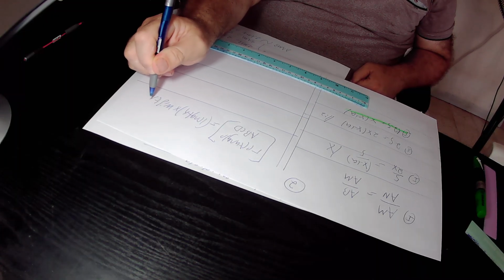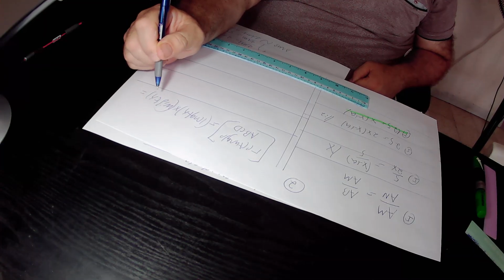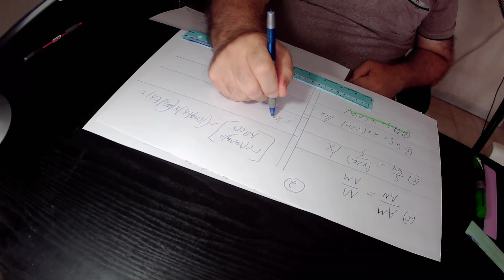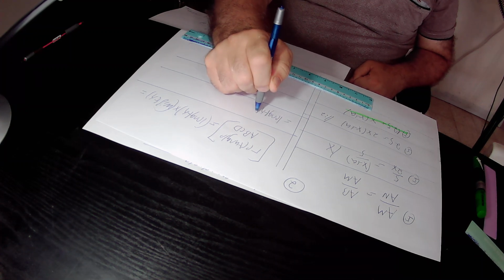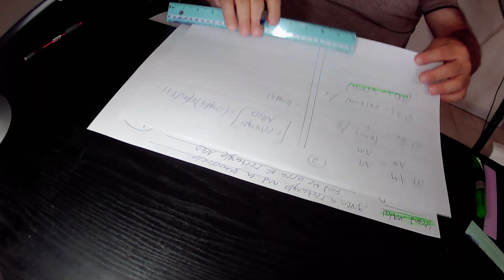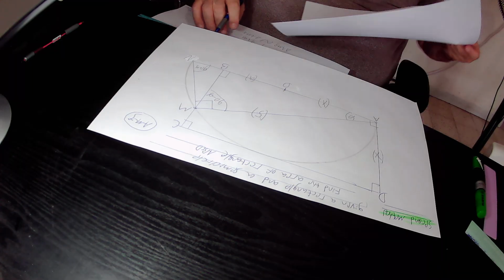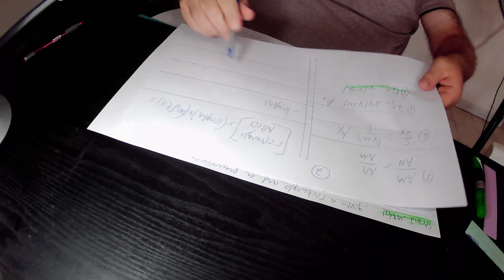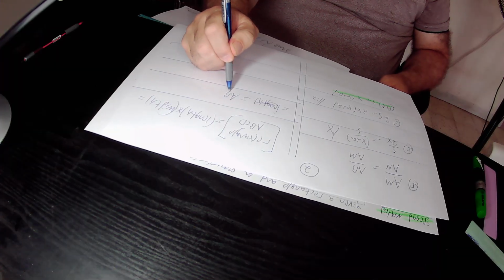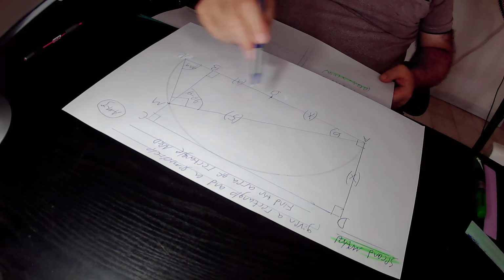Therefore, the area of rectangle ABCD must be equal to the length of the rectangle times the width. The length of this rectangle ABCD is AB, times the width. The width of this rectangle ABCD is AD.